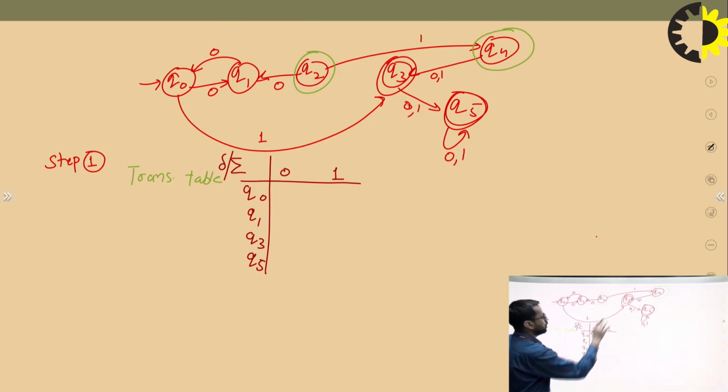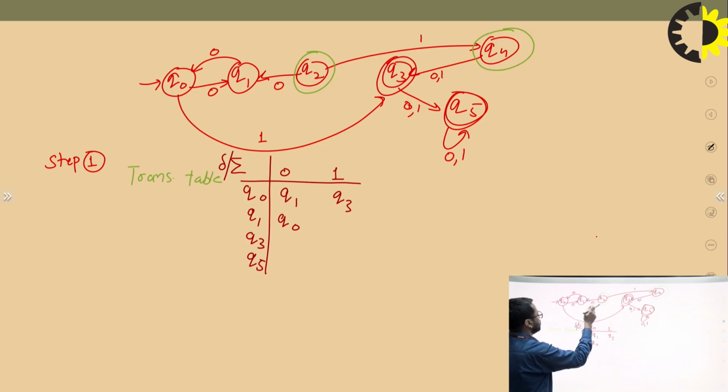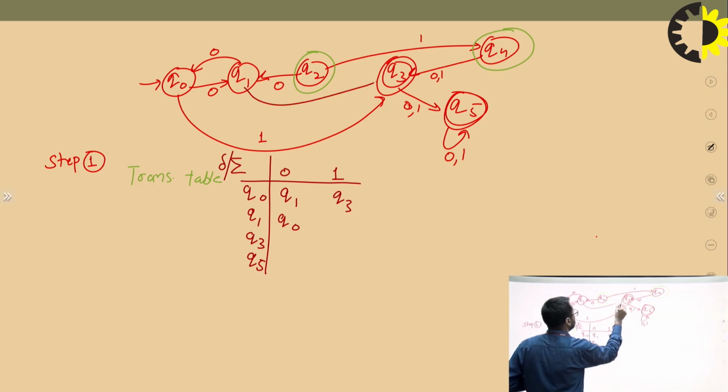We eliminated the Q2 and Q4 states. From Q0, on applying 0 it goes to Q1, and for 1 it goes to Q3. For Q1, on 0 it goes to Q0, and on 1 it goes to Q3.